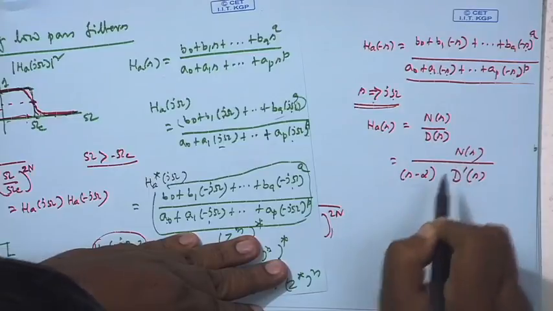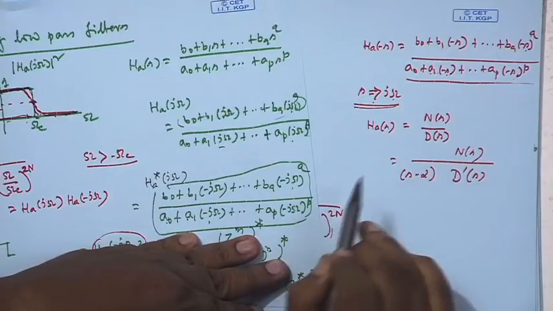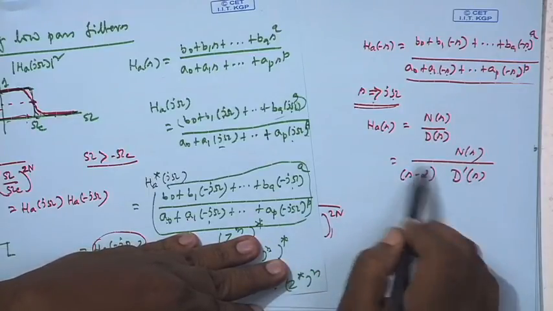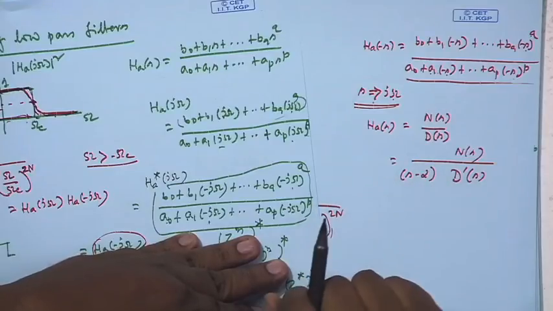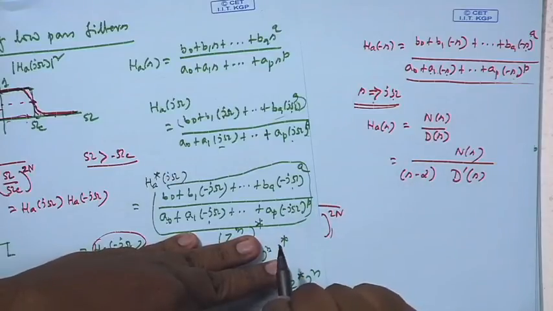N(s) remains as it is. So, s equal to alpha is a pole. One pole I am examining, so I am taking one factor out, remaining ones are in D prime(s). So, there is a pole at s equal to alpha.